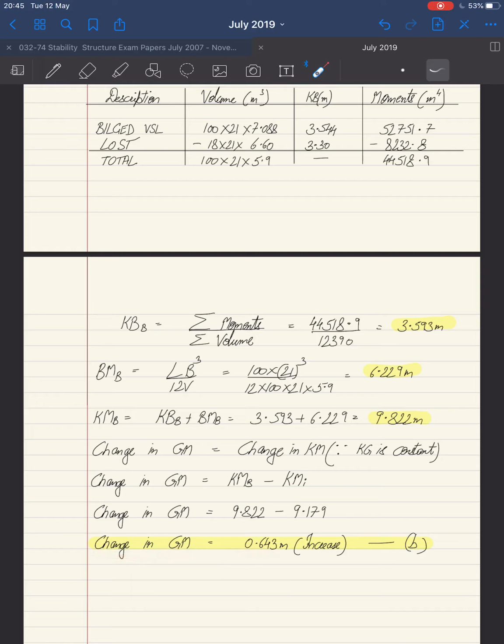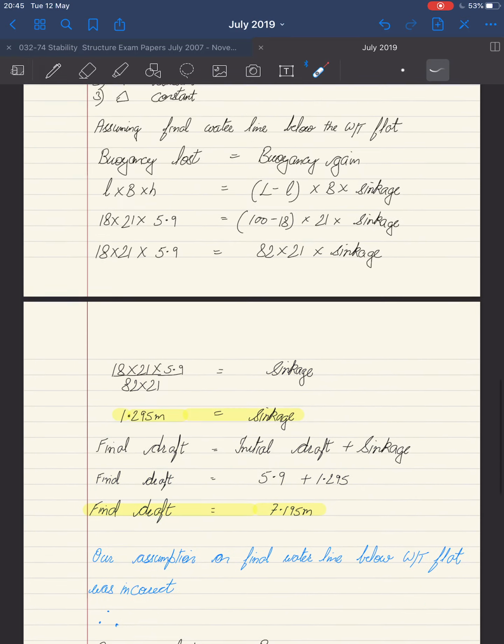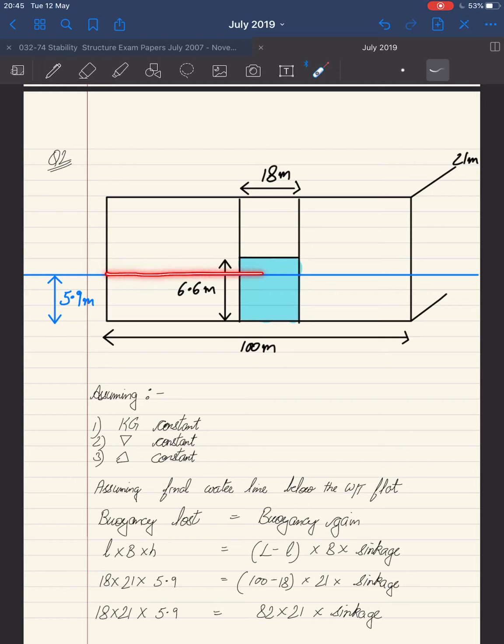Now, there is another catch in this question. If we look at the drawing above, and we have understood that this is the initial water line and this is the final water line.